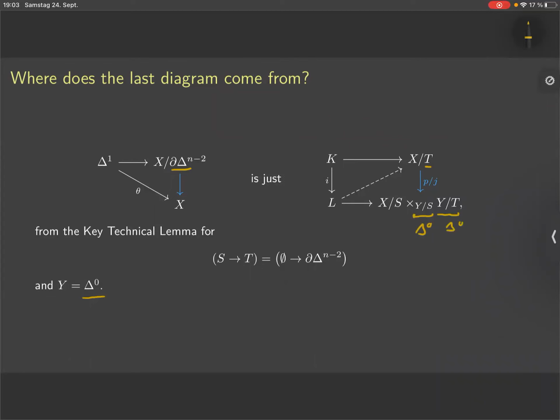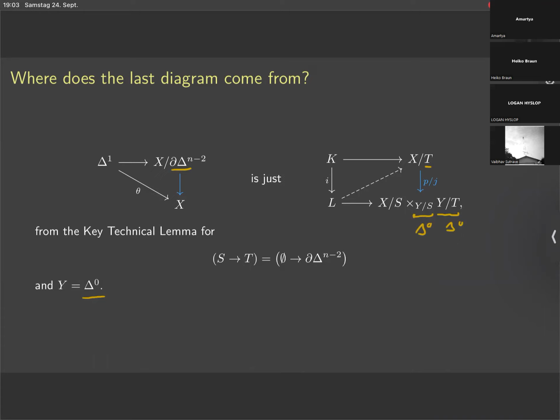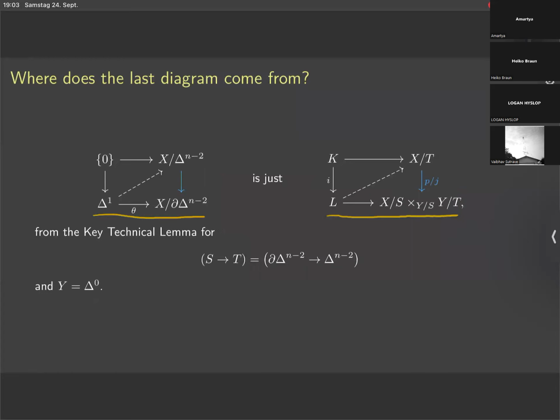So doing the pullback along these two delta zeros does not change anything. And when S is empty, then we can cancel it as well. So essentially, this is the reason why we get only the X. And similarly, for this situation, it's more or less the same, but now the S is just the boundary here. So everything as expected. Okay.